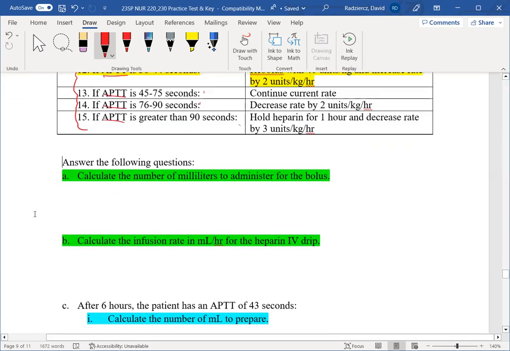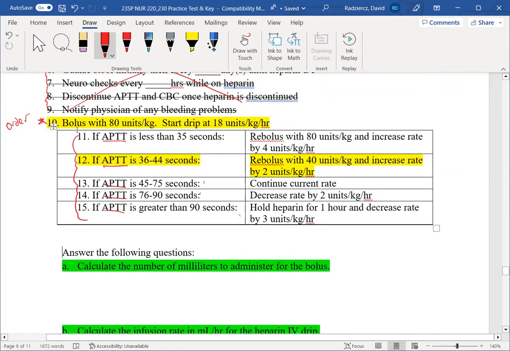So it says first to calculate the number of milliliters to administer for the bolus, and they're talking about the initial bolus. Looking at the start, it tells us to bolus with 80 units per kilogram. So that's what I'm going to do.